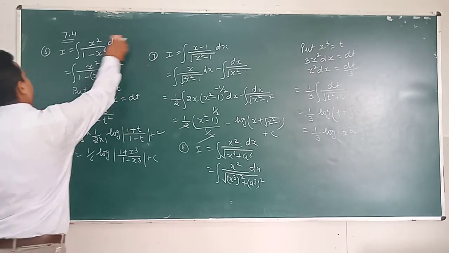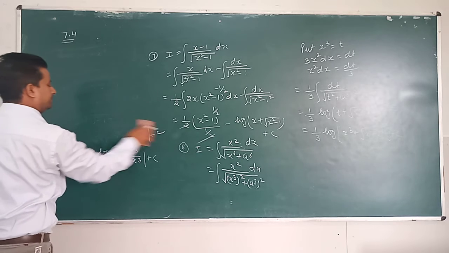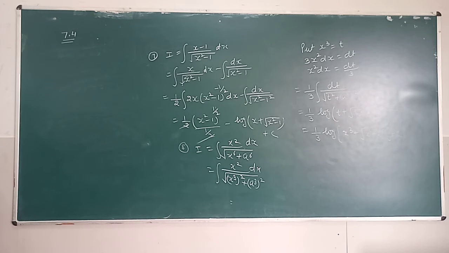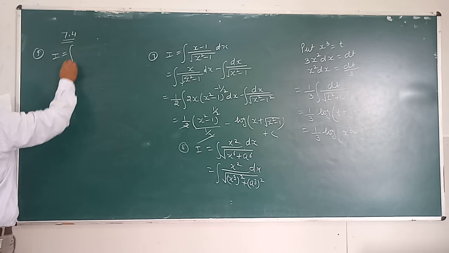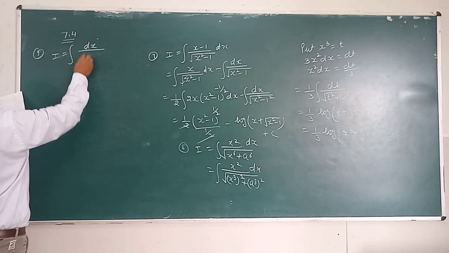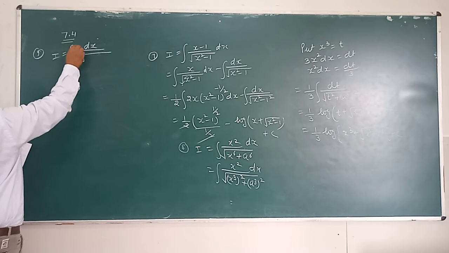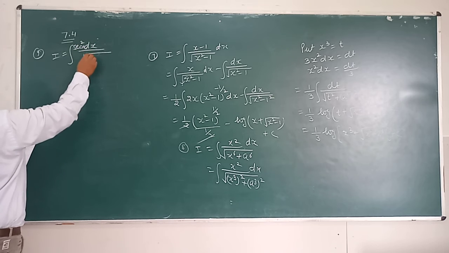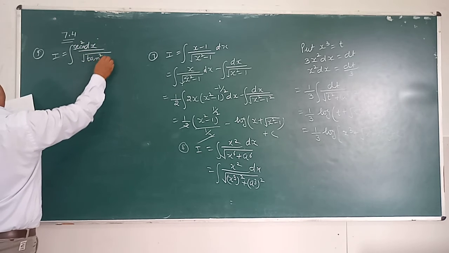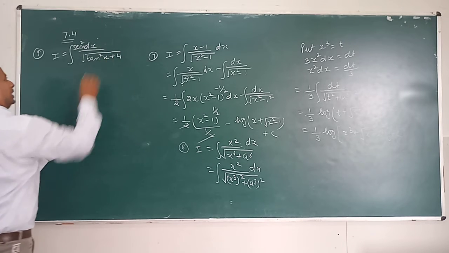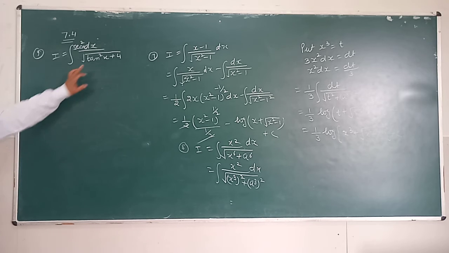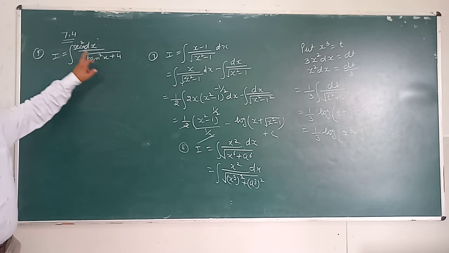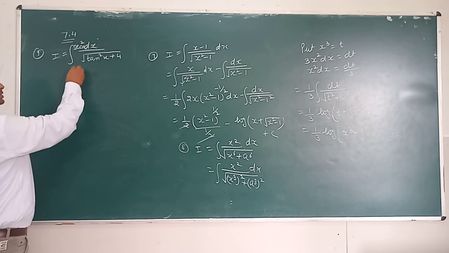In question number 9, the statement is secant square x dx upon tan square x plus 4. As we know, the derivative of tan x is secant square x.